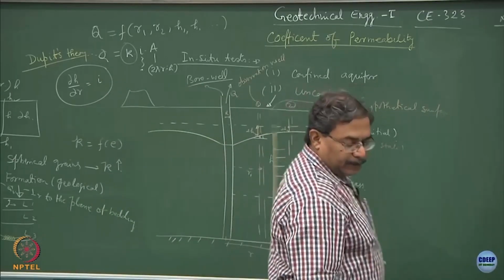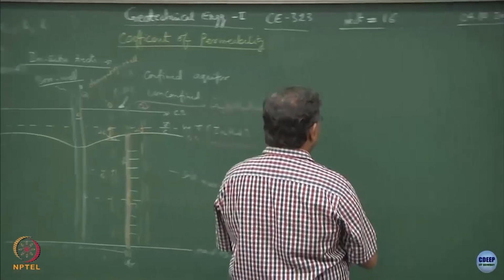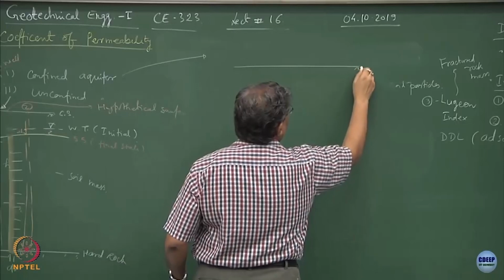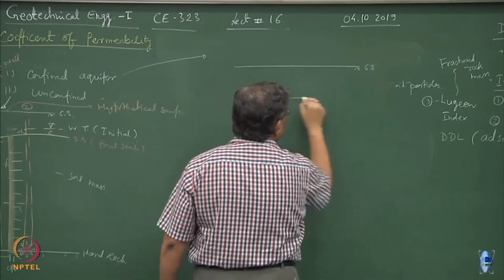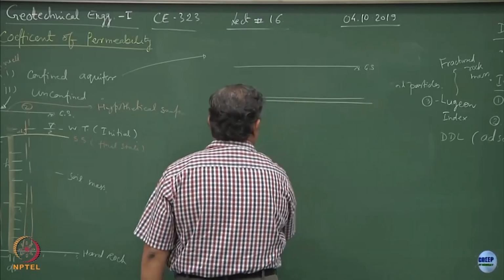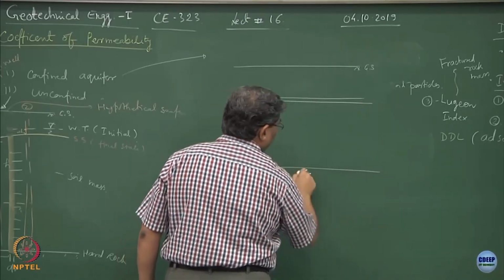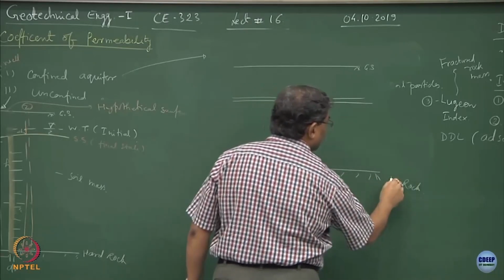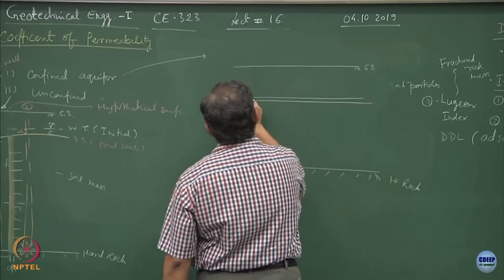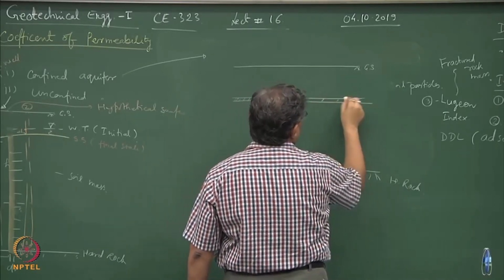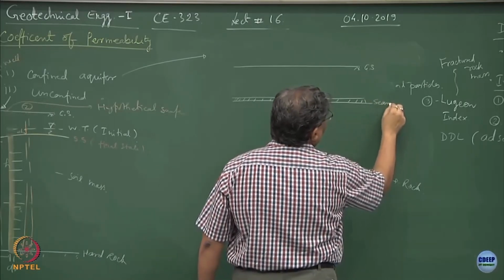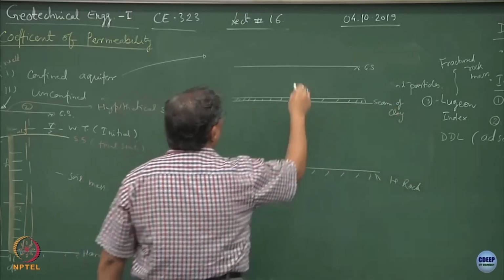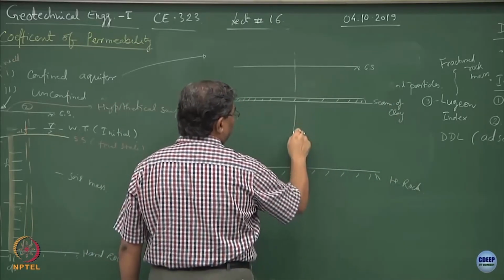Now, suppose I introduce a layer of aquifer in this manner. This is the ground surface and this is the layer of the aquifer. This is the hard rock, this is the ground surface and this happens to be, let us say, a seam of clay, and I am pumping out water.